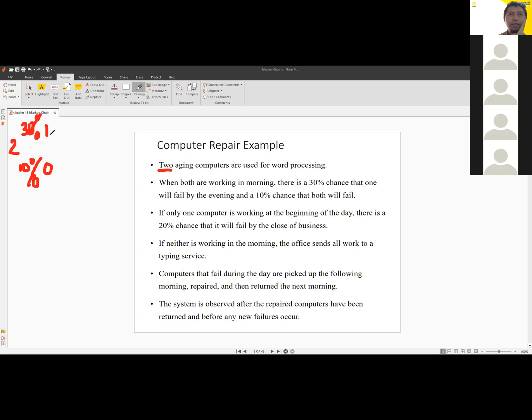So in the case of only one computer working, if it fails, we will have no computer the next day. This failure is 20%. If it does not fail, we still have one. So in this case it is 80%, right?